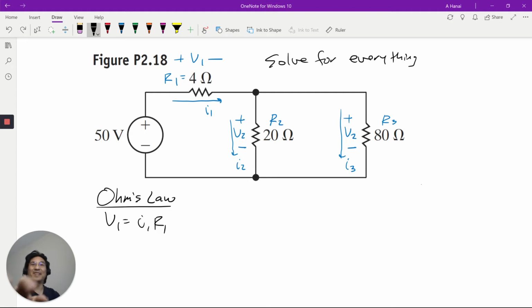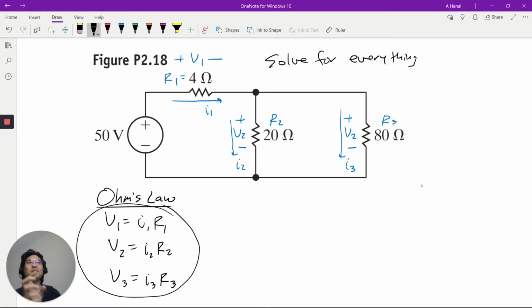So the way I labeled it, positive IR. And then here, the way I labeled voltage going down, current going down, so V is IR, right? Just because of the way I labeled things.